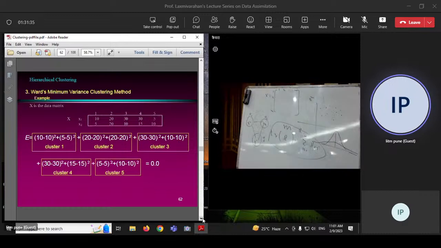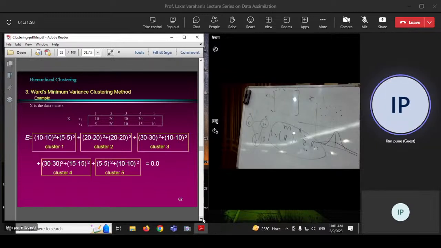So what is the difficulty in clustering? To see whether there is overlap. There could be overlap. So what is one of the aims in clustering? You cannot change the variance that is given to you. You cannot change the distribution that is given to you.